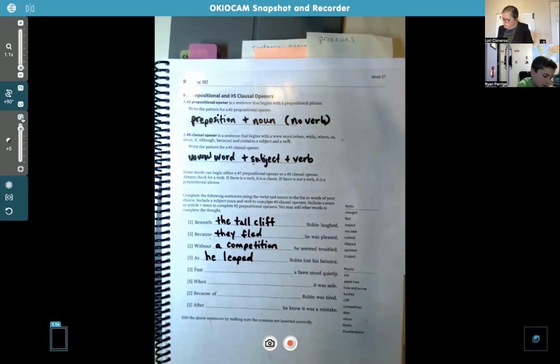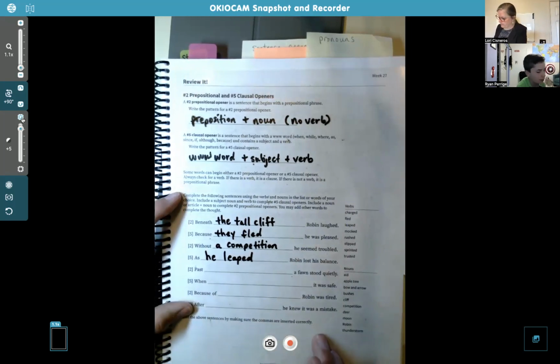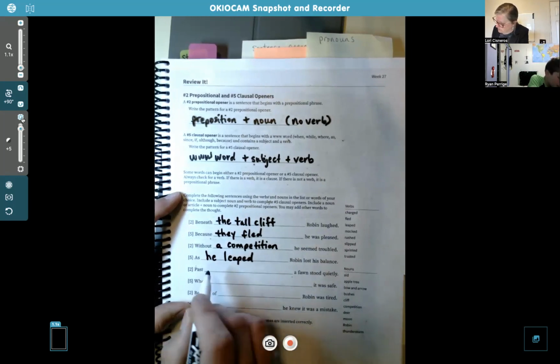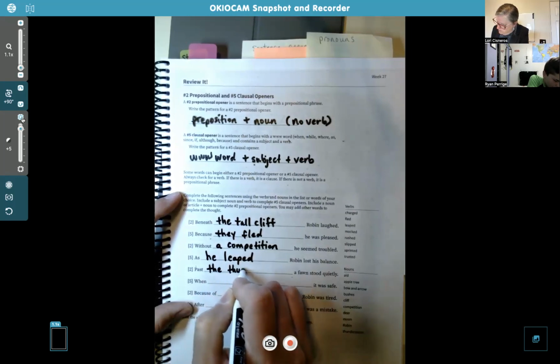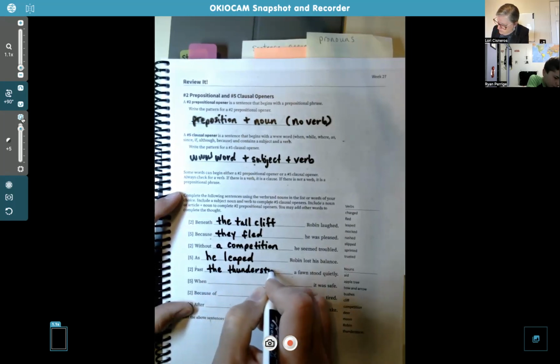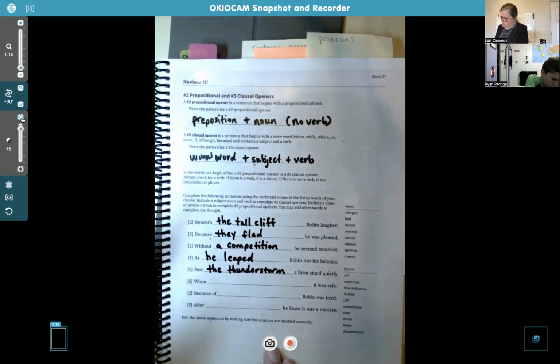Past the thunderstorm, a fawn stood quietly. Ooh, yeah. Robin charged when it was safe. Hang on.